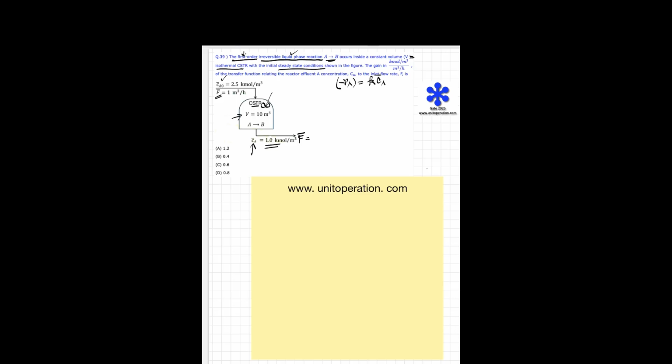So what does this tell me? This problem is to be divided into two sections.